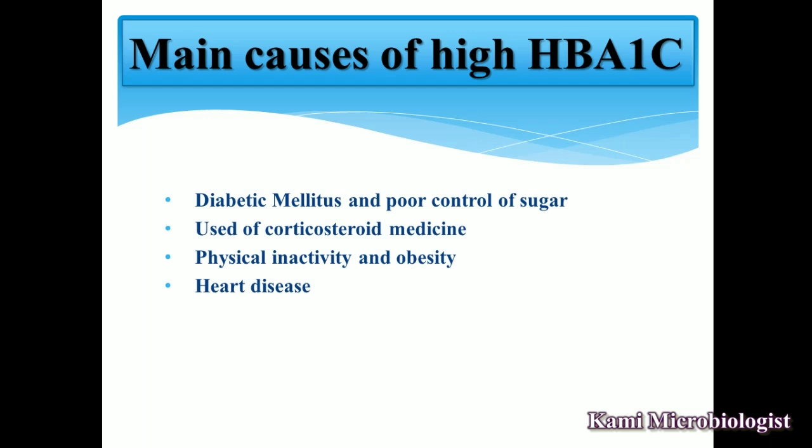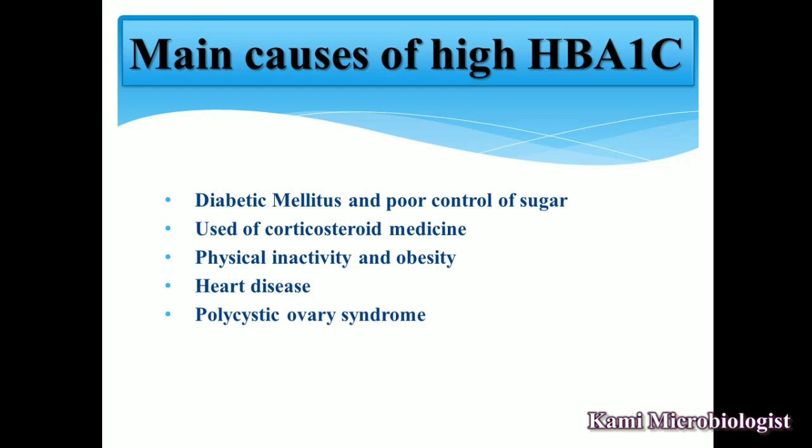Next we have polycystic ovary syndrome. Polycystic ovary syndrome is a condition found mostly in females. In this case the ovaries have water, and the ovaries do not have the ability to produce eggs, or we can say ova.